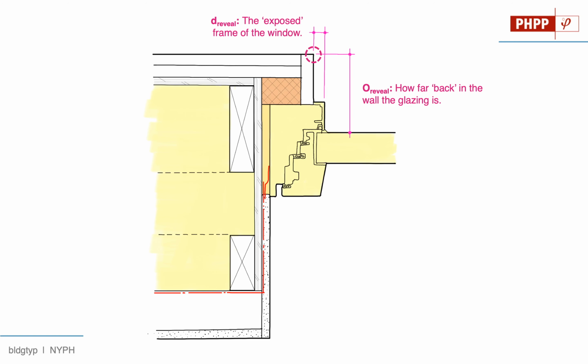Now we have two additional data points that we have to enter for each window, which describe essentially where the window is in plane with the wall. As I said, it's very typical for these passive house buildings to have very thick walls. It's very typical for the windows to be mounted somewhere in the middle of the assembly, meaning that there's going to be some depth of wall that has the potential to self-shade or shade the window edges. In order to account for the shading obstruction of the wall itself, what we're asked to input for each window is how far back in space the glazing is, measuring from the outer surface of the wall, the outermost shading surface.